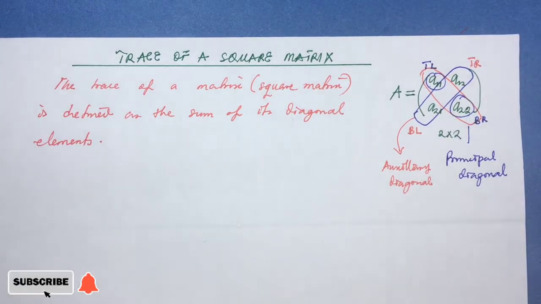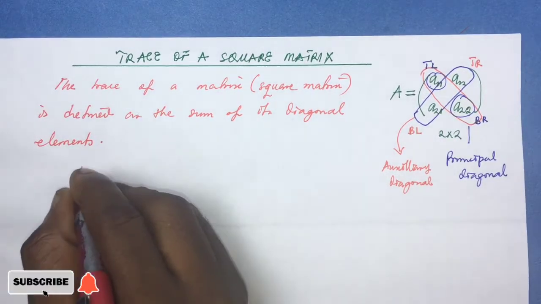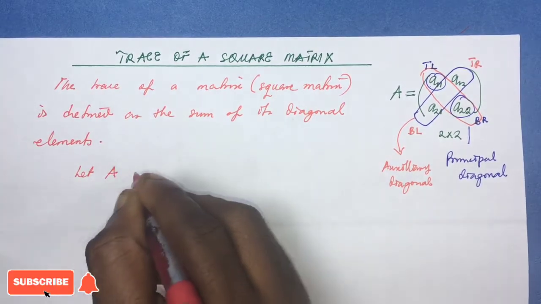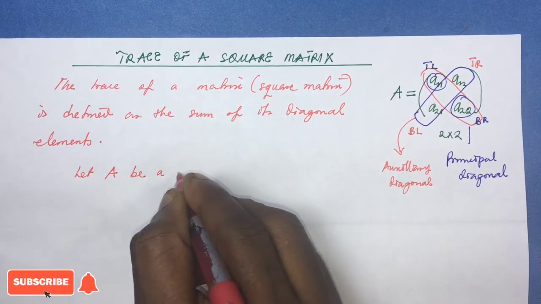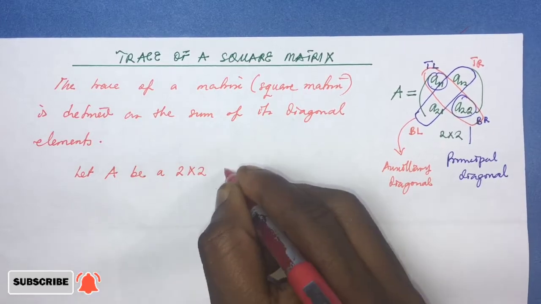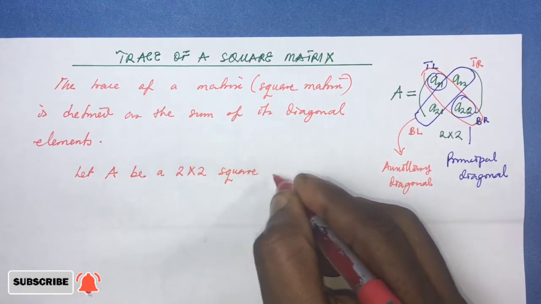So let us take something concrete. Let A be a 2 by 2 square matrix.